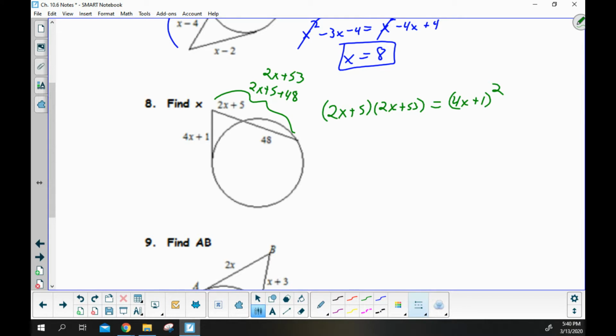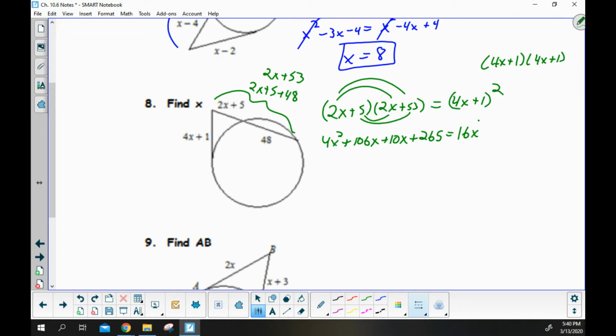And I hope you're up to date on how to do foiling. So let's make sure we got it. All right, here we go. First, outer, inner, and last. Here we go: 4x squared plus 106x plus 10x plus 5 times 53 would be 265, equals 4x plus 1 times 4x plus 1.